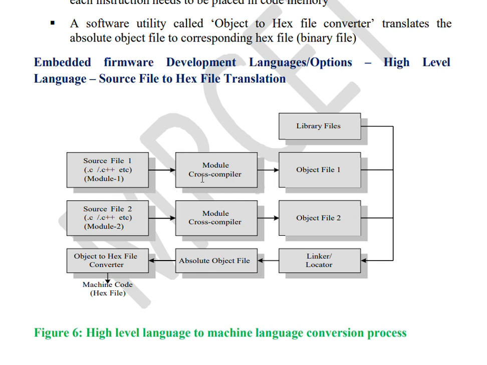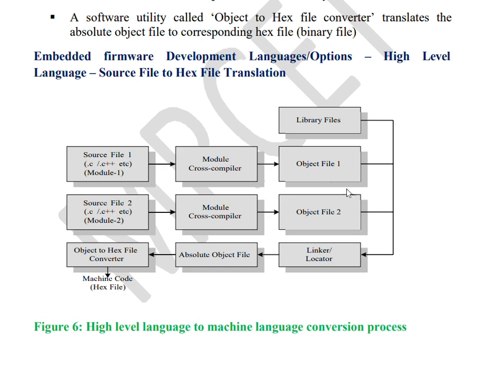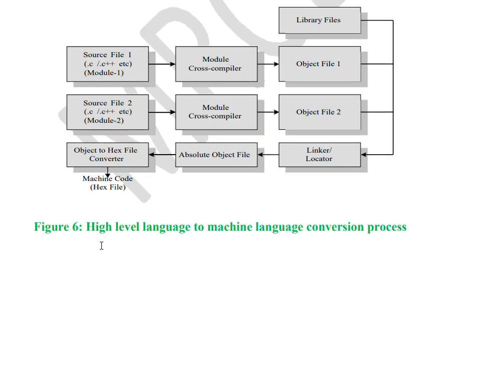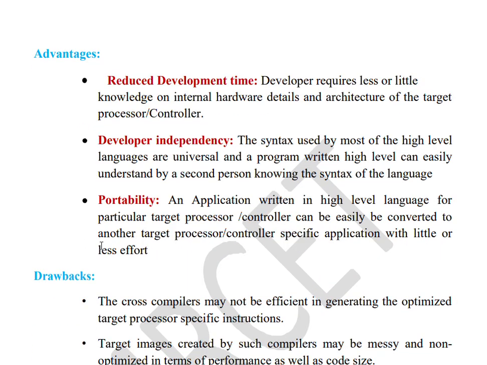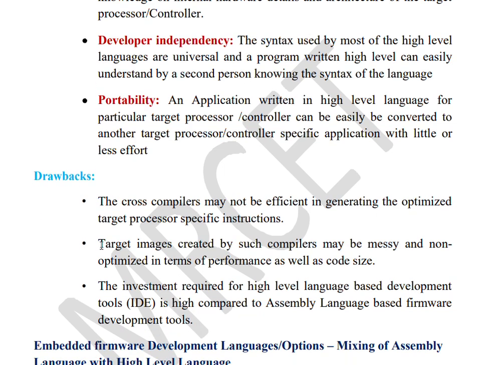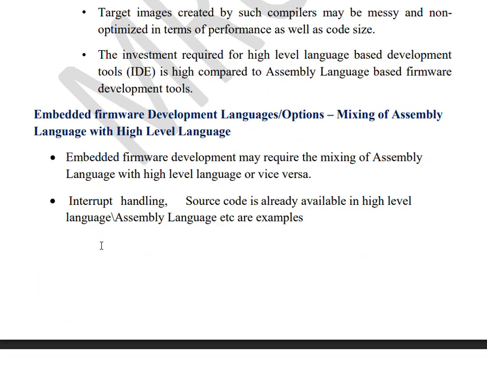The source file uses the cross compiler to convert to an object file, and then the object file is combined with the library files using the linker or locator block, and the final object file is generated and converted to a hex file. The advantages are reduced development time, reduced developer dependency, and portability. Drawbacks would be that target images are created by compilers and may be messy.